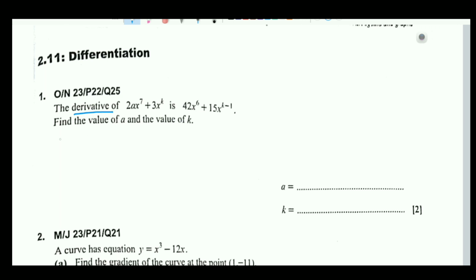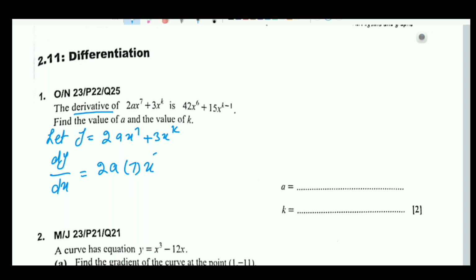So let's suppose y is equal to 2a x^7 plus 3x raised to power k. If we differentiate it, dy over dx is equal to 2 as it is, a as it is, and 7 comes first, x raised to 7 minus 1, plus 3 as it is, k comes first, x raised to k minus 1.